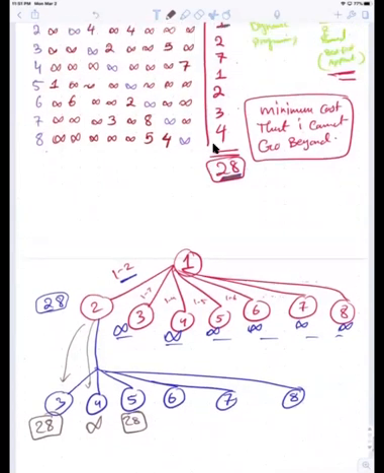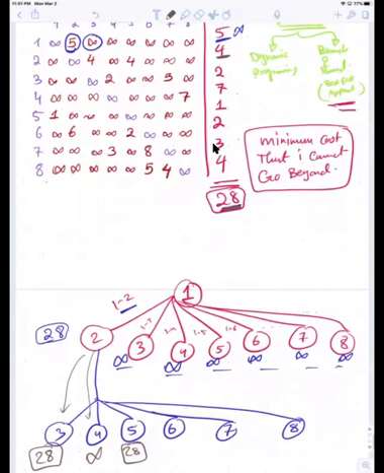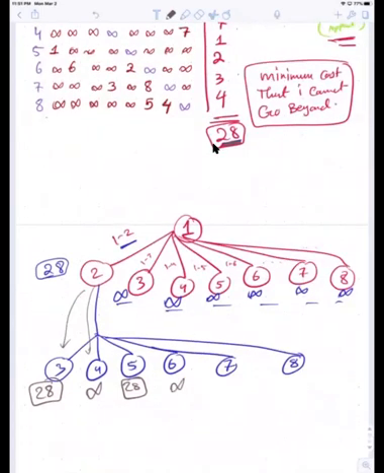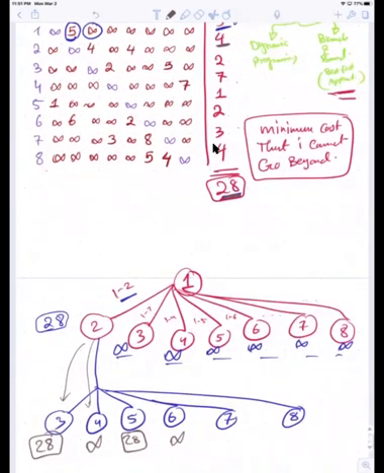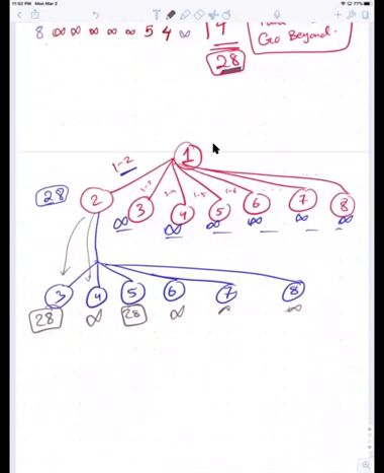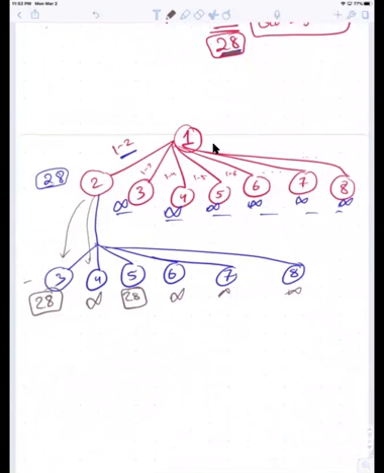From 2 to 6 is infinity. From 2 to 7 is infinity. And here is infinity. Now I will go to the lowest only. I will pick this one. Since I don't have anything below 28, I will just go with this one, with the 3.